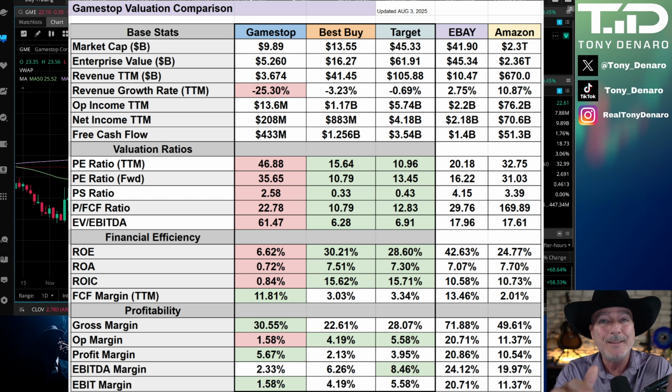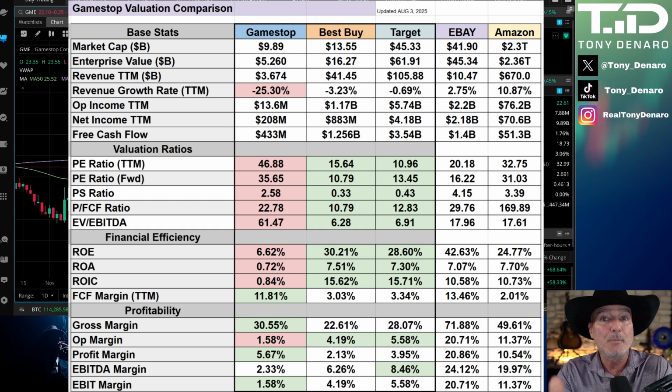Now check this out. GameStop's ROE is 6.62%. The ROA is 0.72%. And ROIC, as we said a minute ago, is 0.84%. Compare that to Best Buy, which boasts 30.2%, 7.5%, and 15.62% respectively.